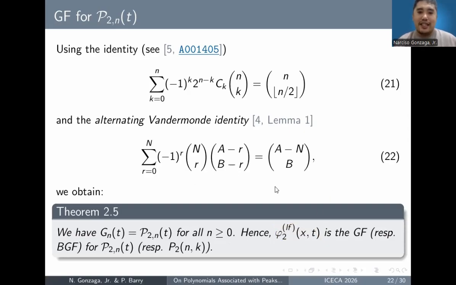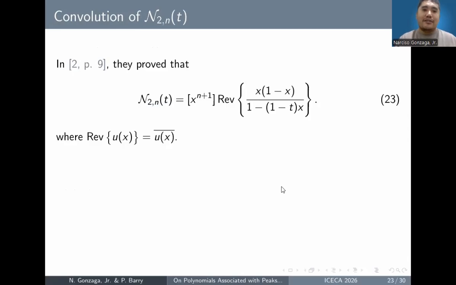That's the first way. An alternative approach is via a direct Riordan array construction. But to do that, we need to take note of the convolution of Narayana polynomials of the second kind.